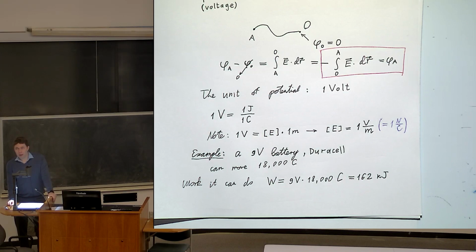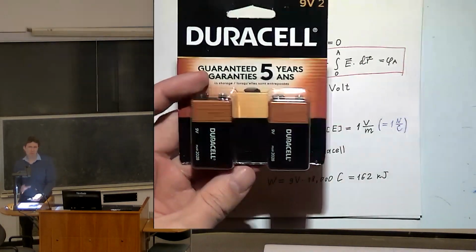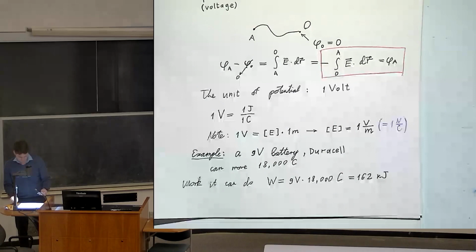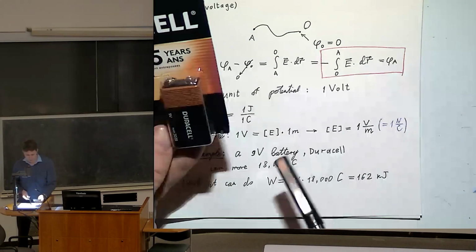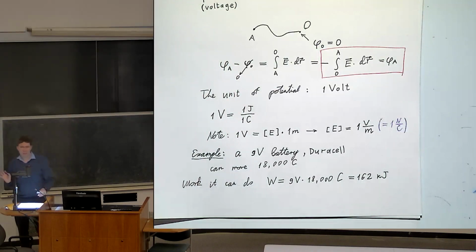Well, in reality, the voltage of this battery slightly depends on the amount of charge left. In fact, when it's completely fresh, the voltage will be slightly higher. It's going to be 9.6.